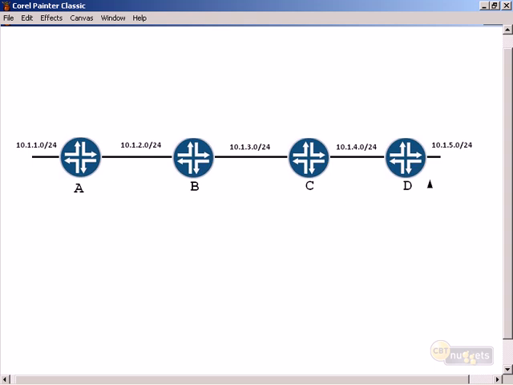Router D actually has information about an upstream destination route at 10.1.1.0/24. It knows about that. What it shouldn't do is send an update back upstream to router C. At this point, router C will think it's got another way to get to 10.1.1.0.